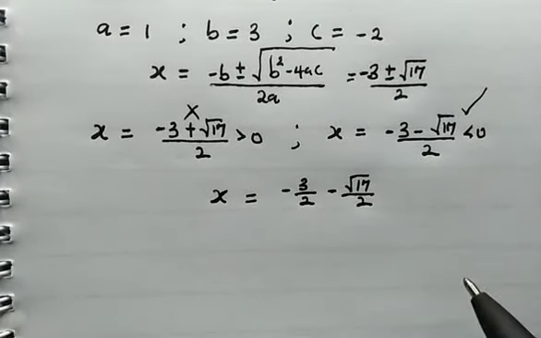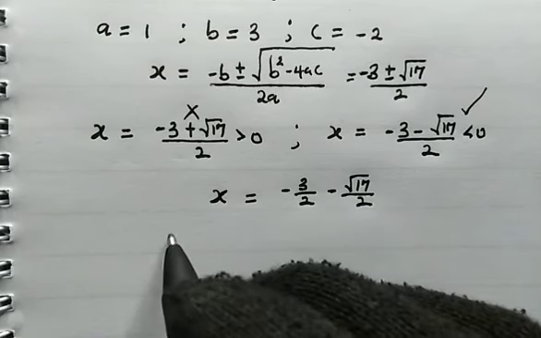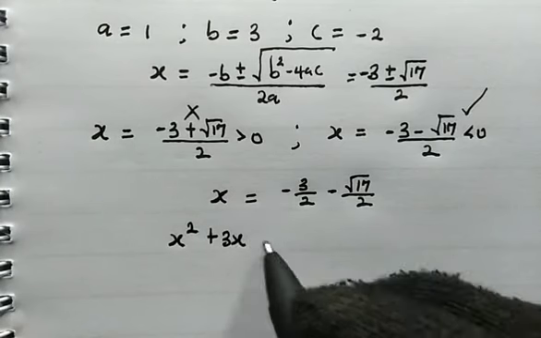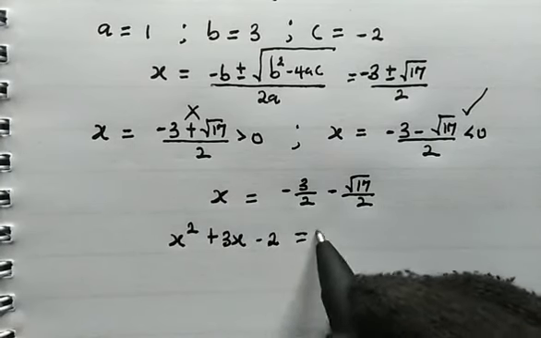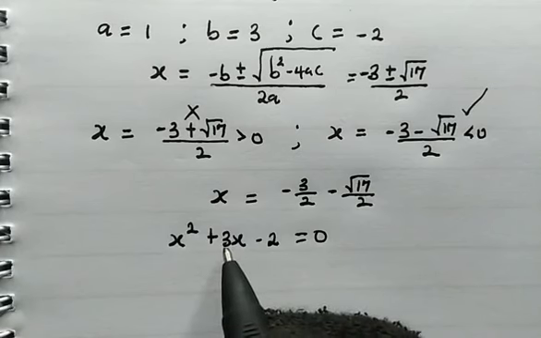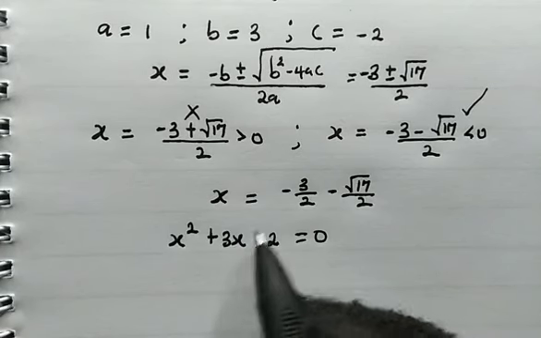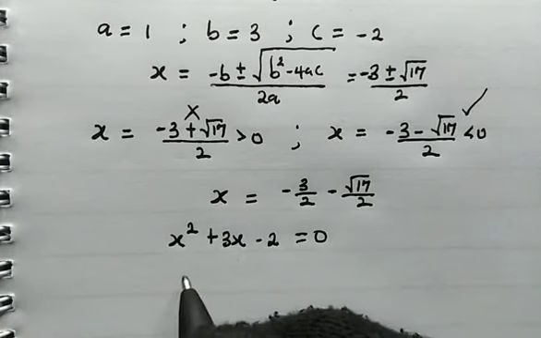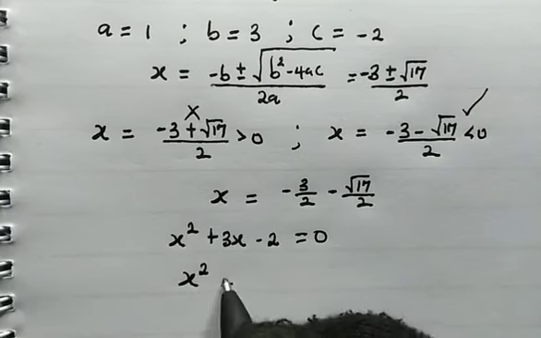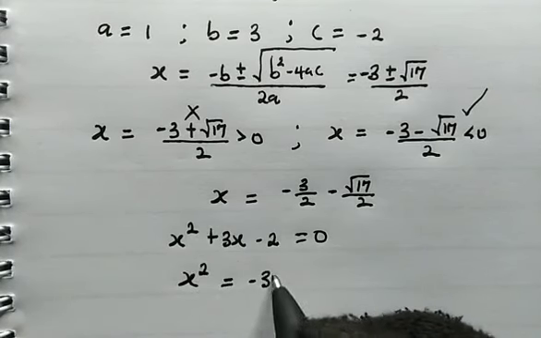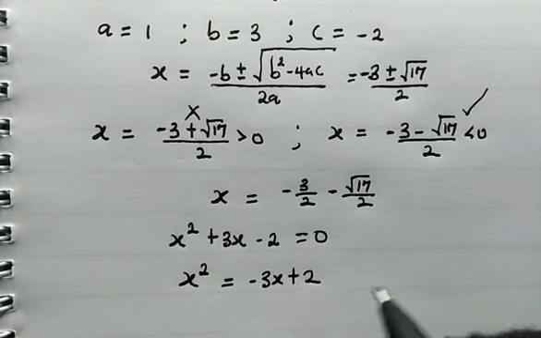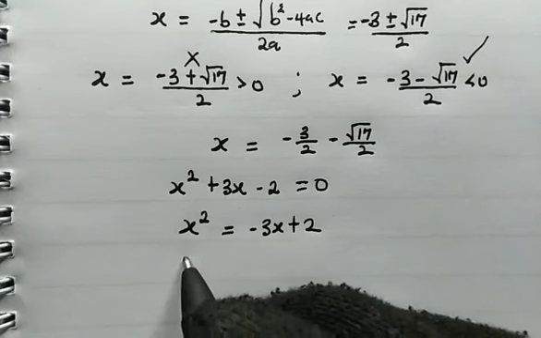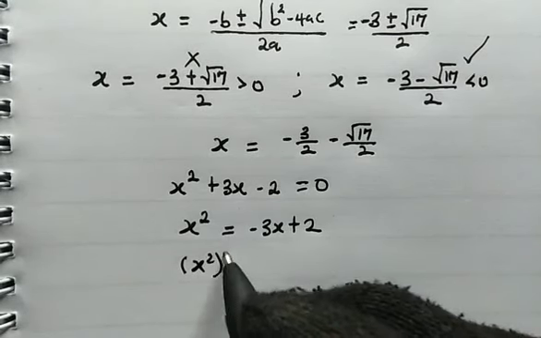Okay, now from the given equation, x squared plus 3x minus 2 equals 0, let's move the 3x and negative 2 to the right hand side, but the signs will change. So here we have x squared equals negative 3x plus 2. From here let's go ahead and square both sides of this equation.